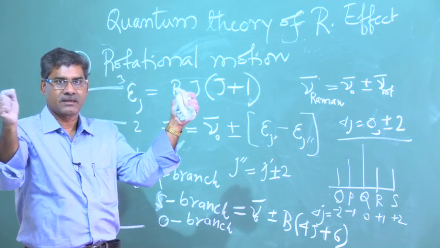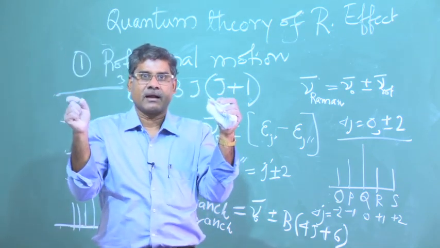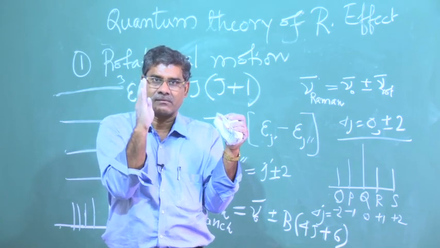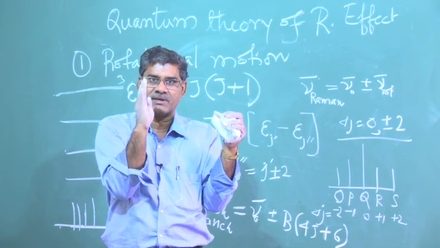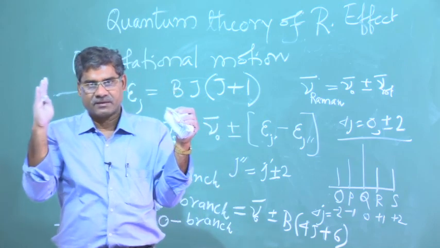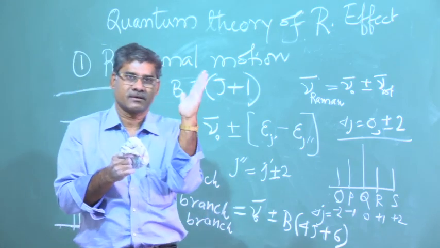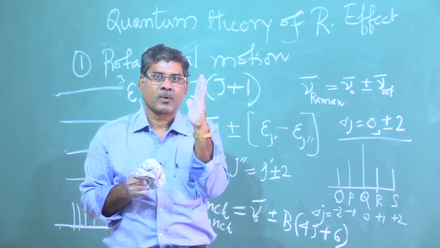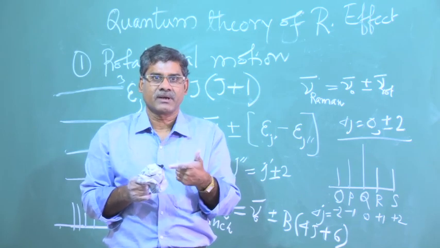As a whole you will get the Raman spectra, with the original Q branch, then the S branch, and the O branch, because P and R will not be allowed.